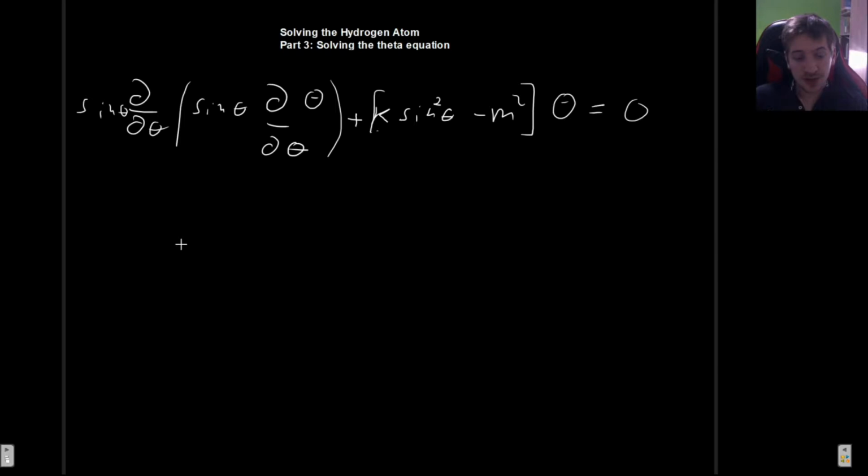Now, how to solve this? This is, well, not easy at all. So I don't blame you if you don't really see how to proceed. Something that you could try here is, well, there's a lot of sines and a lot of derivative of sine, and there's another sine squared. So, you know, sine squared is 1 minus cosine squared. So I guess it kind of makes sense to just try and see what happens.